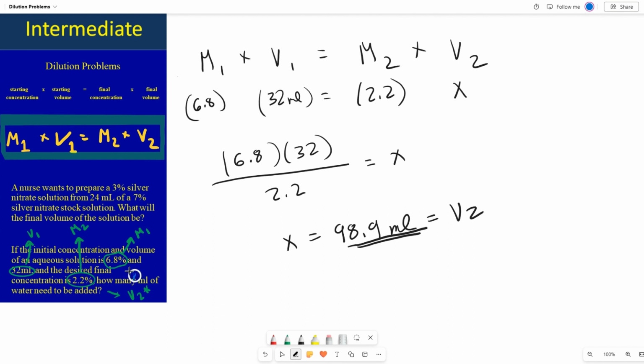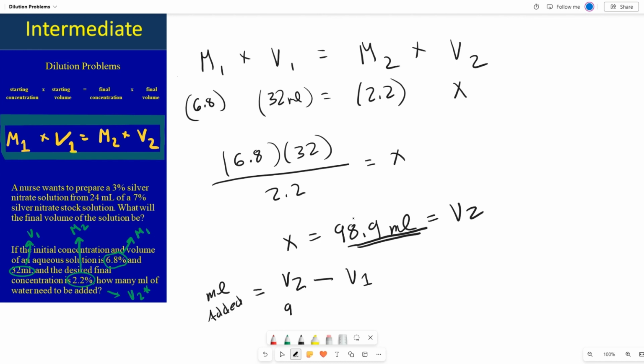It wants to know how many milliliters do you need to add to your initial volume to get to the final volume. So in order to figure that out for milliliters added, to find that, you need to take your final volume, your V2, and subtract out your initial volume, your V1.